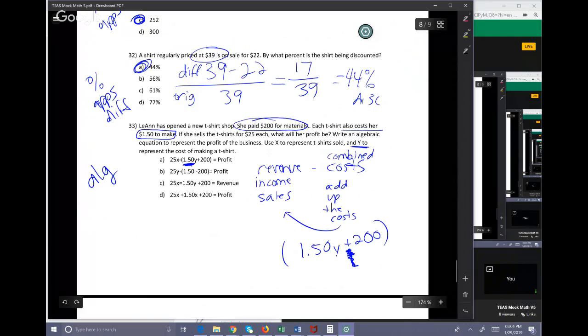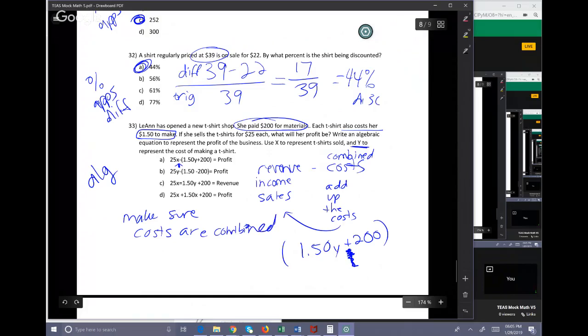The only one that works that has the letters in the right place, and the real dead giveaway on this one, is this: you have to add your costs. Once you do that, you want to subtract your costs out of your revenue. So that needs to be a subtraction, and then your X and Y have to be in the same place. So if there are multiple sources of cost, make sure costs are combined.